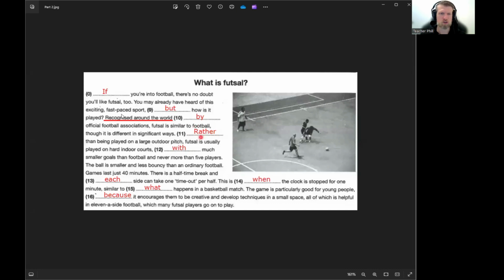So here I chose rather, because we can see that there is a kind of comparison. It says here, being played on a large outdoor pitch. Futsal is usually played on hard indoor courts. So there's this comparison between futsal and, let's call it, regular football.